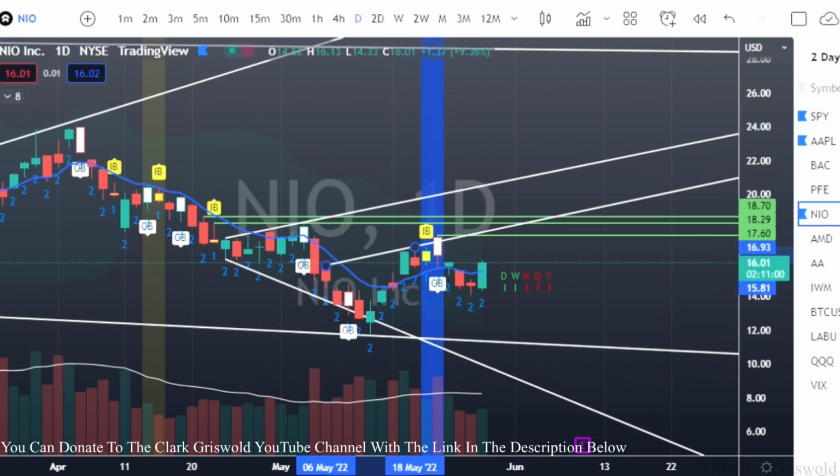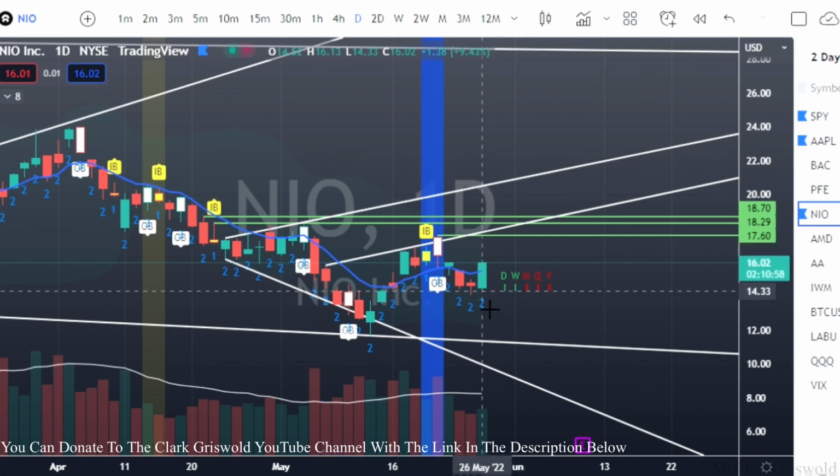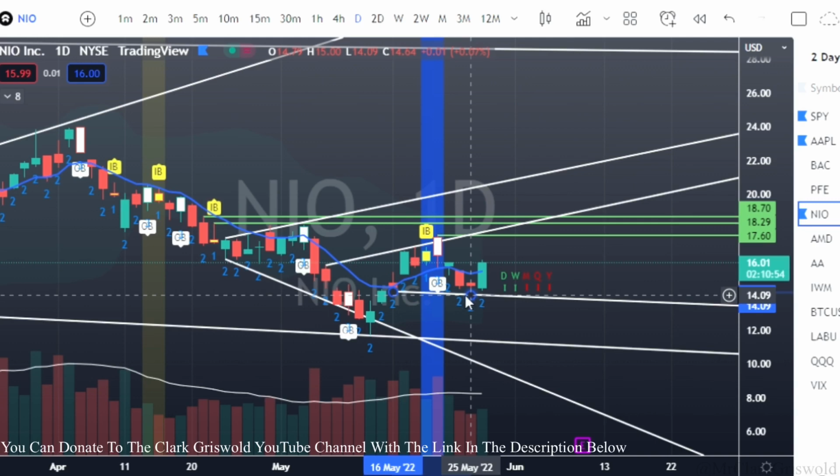But this is a reversal, so can you draw another one here? Sure. So from here to there, and now you have a lower low to a higher high to a lower low, and as it's reversed, we're going to look for it to tag in this 17.87 mark. Okay, somewhere in that range, 17 to 18 bucks.